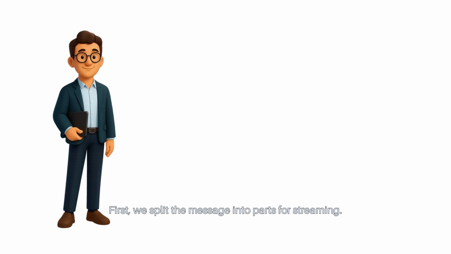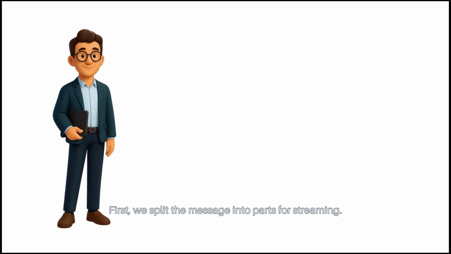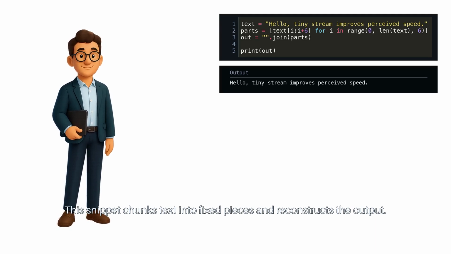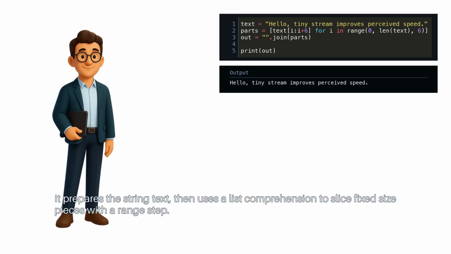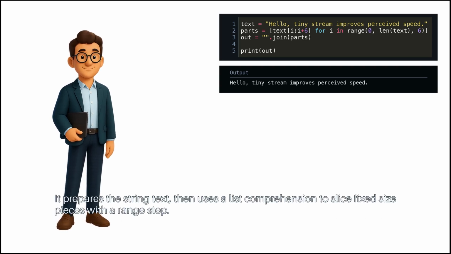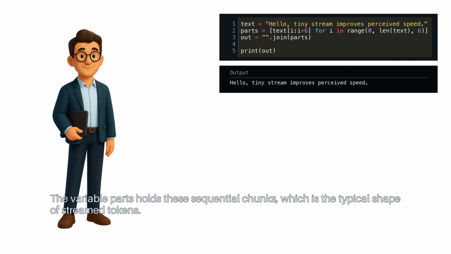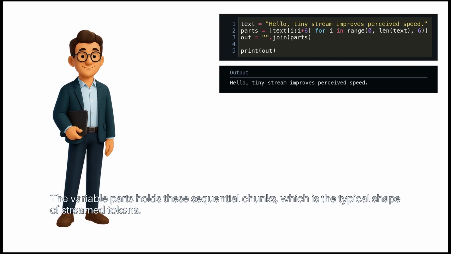First, we split the message into parts for streaming. This snippet chunks text into fixed pieces and reconstructs the output. It prepares the string text, then uses a list comprehension to slice fixed size pieces with a range step. The variable parts holds these sequential chunks, which is the typical shape of streamed tokens.